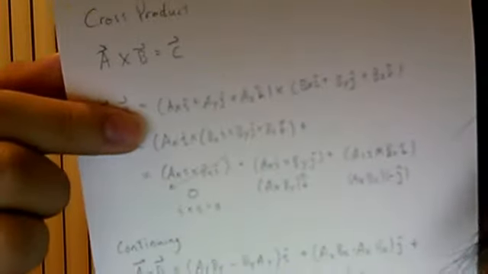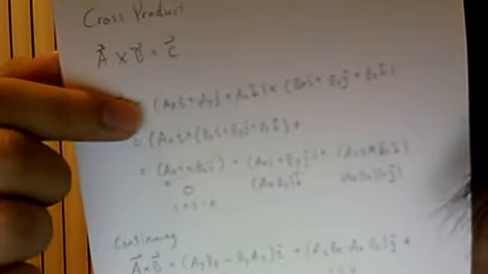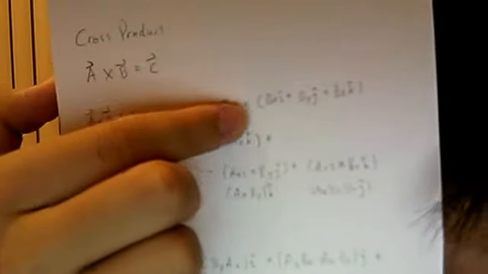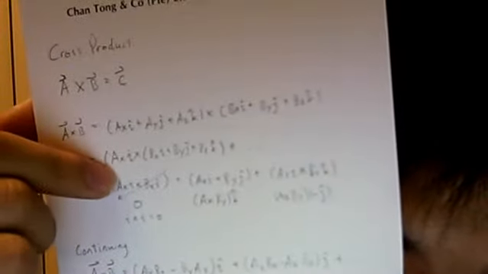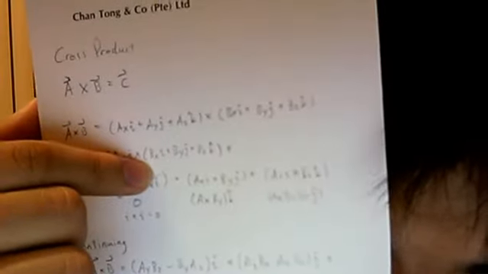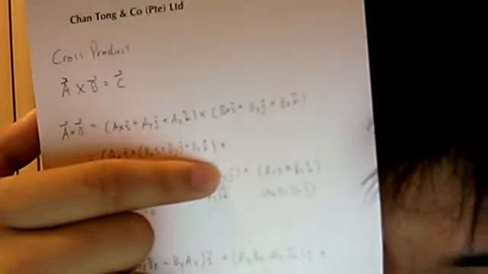So basically, the determinant of A cross B is this thing, which is AX I hat plus AY J hat plus AZ K hat. This is vector A cross this vector B. This turns into, you distribute across the product, and so you have AX I hat cross BX I hat, BY J hat, and BZ K hat.